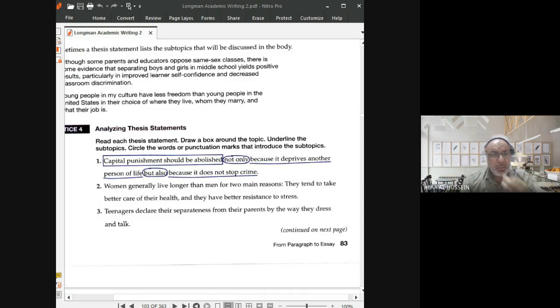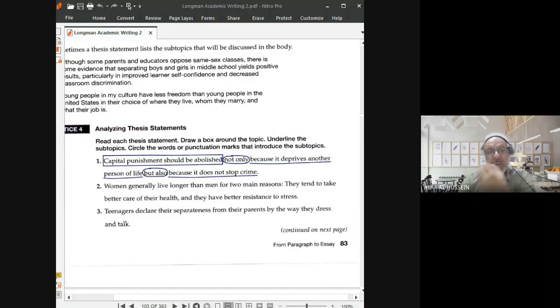Not only, but also is the signaling word or signaling phrase that introduces the sub ideas. Here I choose to call them sub ideas. The writer calls them subtopics, and honestly I don't agree with this naming, because they are actually not subtopics.